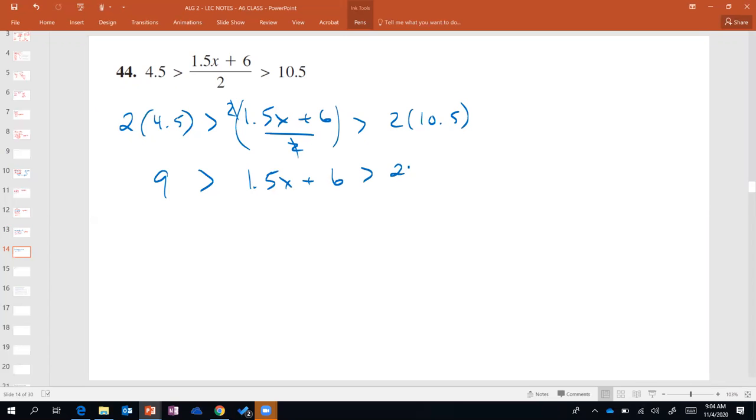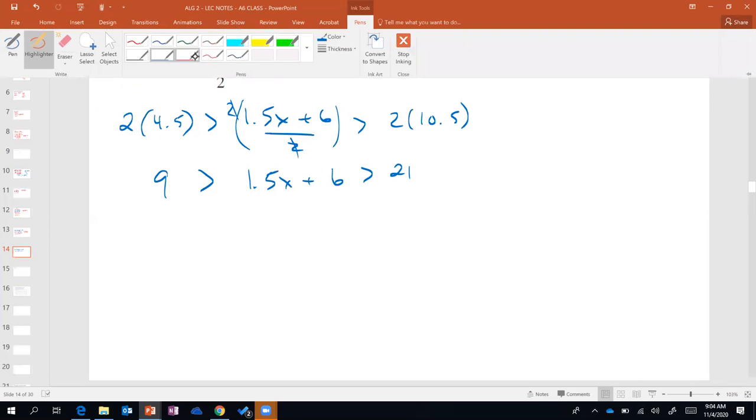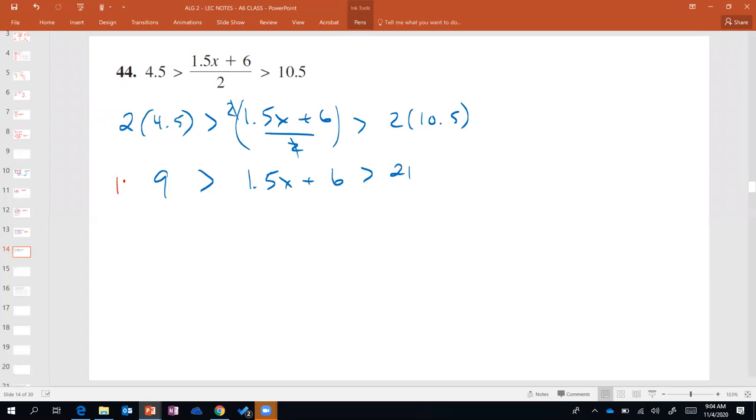That's 21, I believe. Multiply by 10, I heard, right? Multiply by 10 because of the 1.5 still being there. So multiply by 10, 90. 15x plus 60. And how about 210? Are we good there?